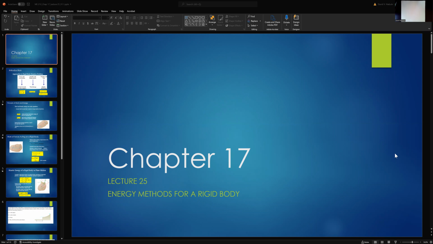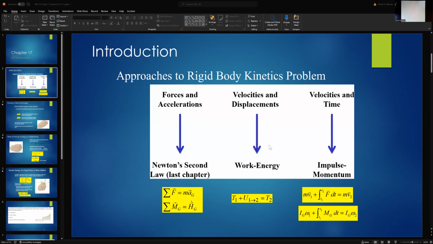First thing, this is where we are with it. As you know, with rigid bodies, we did force and acceleration. That's what we spent most of the time on before the exam. That was chapter 16. And then the last thing, this is essentially 17.1 is work energy, and then 17.2 is impulse momentum.